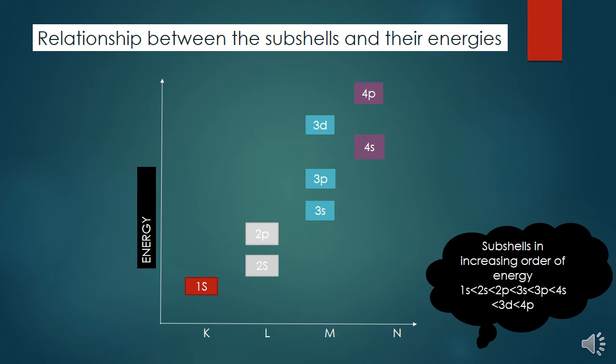Here you can see the graphical representation of the relationship between the subshells and their energies. On the x-axis, the main energy levels are given: K, L, M, N, etc. And on the y-axis, energy is plotted. You can see that the first sub-energy level 1s has lower energy than the second sub-energy levels 2s and 2p.